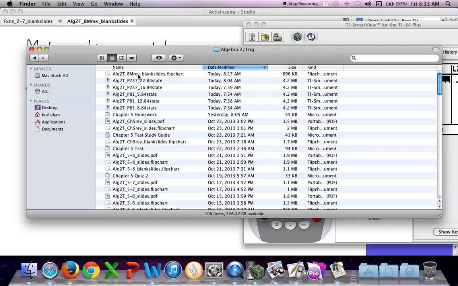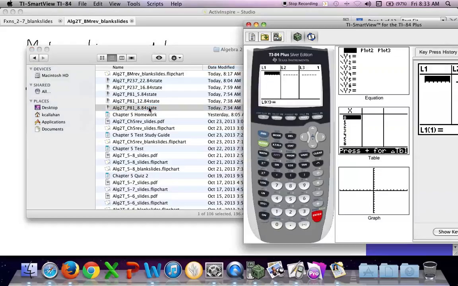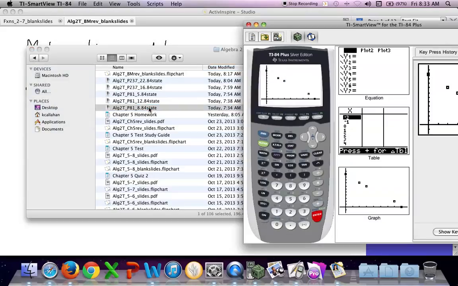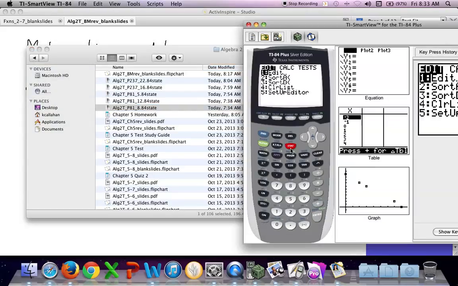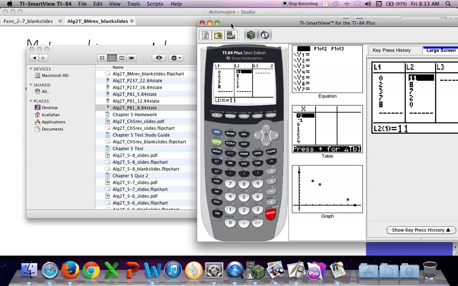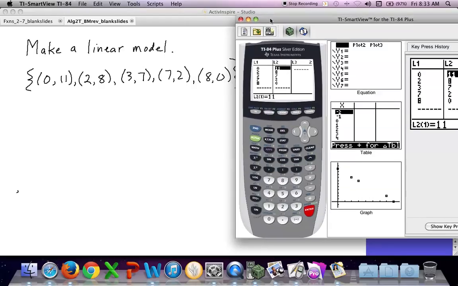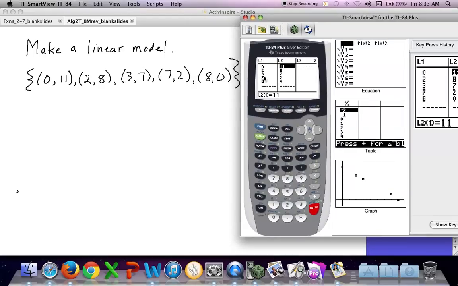We are on page 81, number 8. So stat, edit, and you can see that I've already put those points in the calculator. Under L1, these are the X values, and these are the Y values.